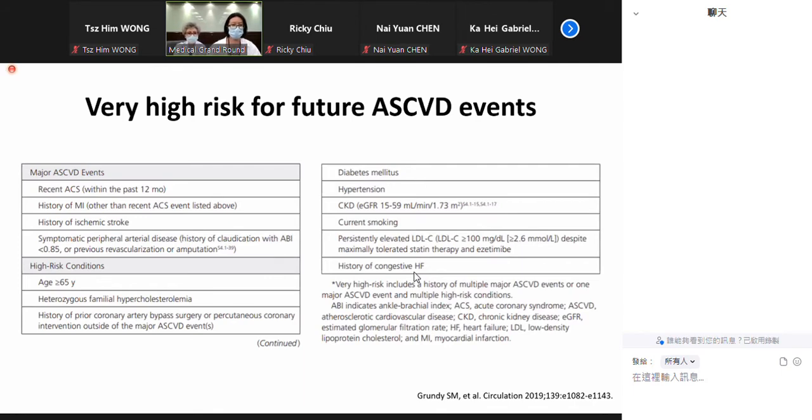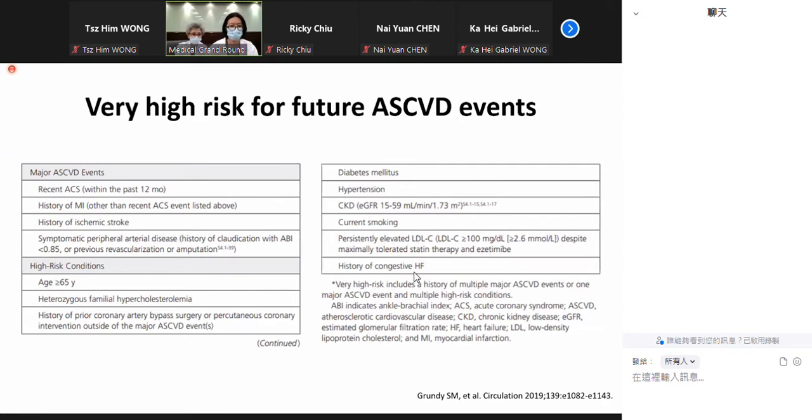Basically, anyone who's had a major ASCVD event, such as a recent acute coronary syndrome, history of myocardial infarction, history of ischemic stroke, and people with symptomatic peripheral artery disease, for example, those with claudication or previous revascularization or amputation.